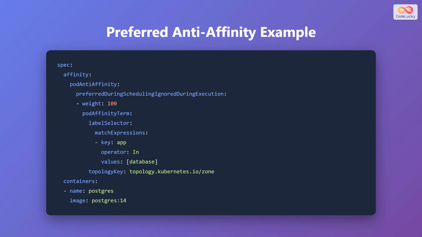Inside the pod affinity term, we define the label selector to match pods with the label app equals database. The topology key is set to topology.kubernetes.io/zone, meaning the scheduler will try to place this pod in a different availability zone from other database pods. If that's not possible, the pod will still be scheduled. This approach is perfect for distributing database replicas across zones while maintaining scheduling flexibility.